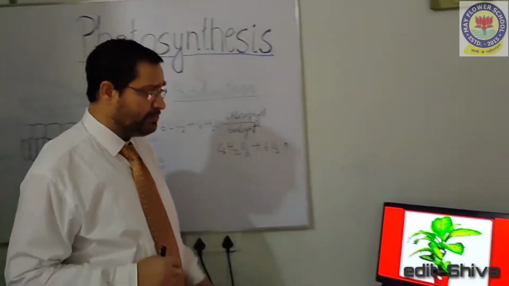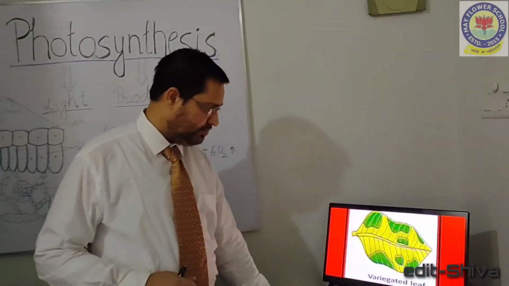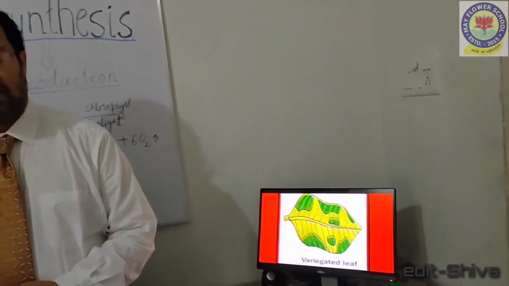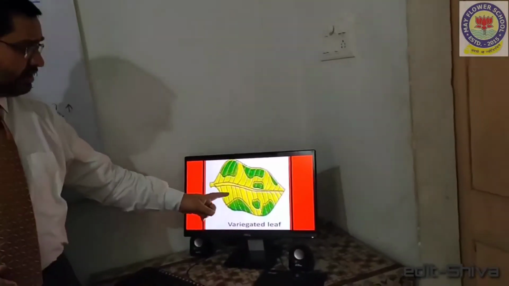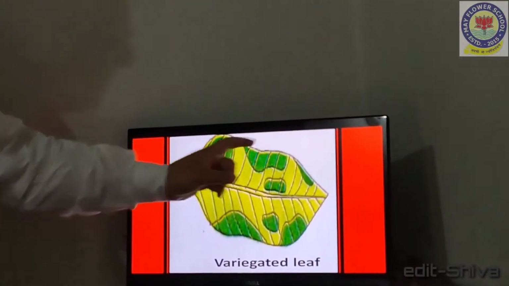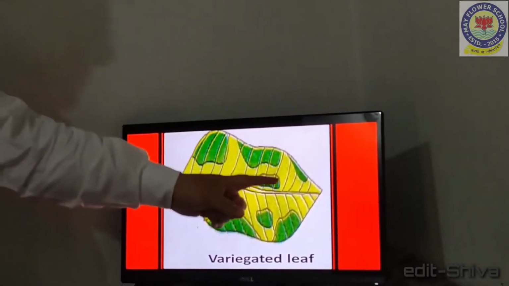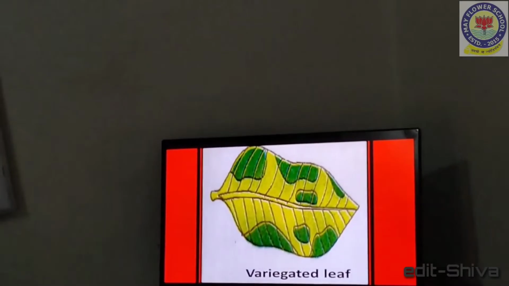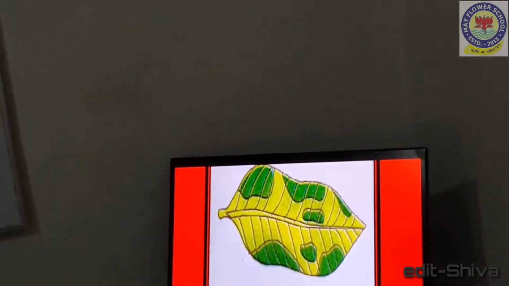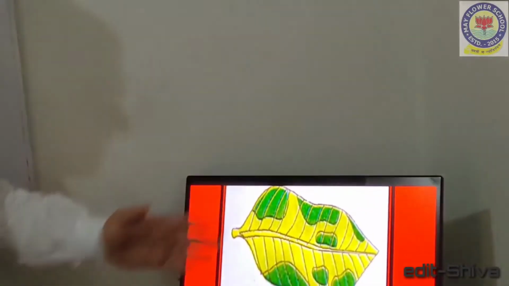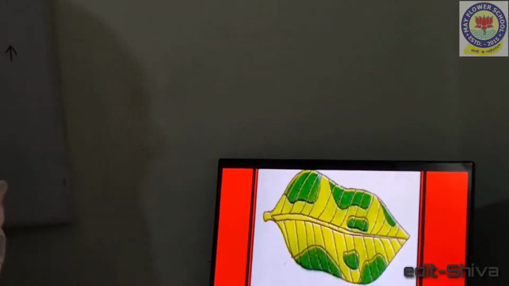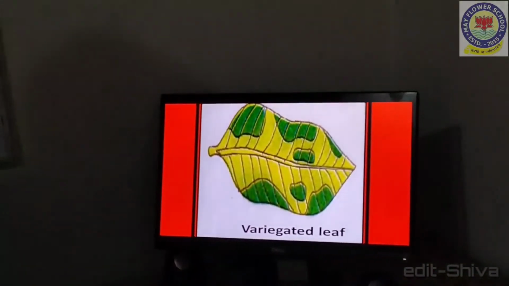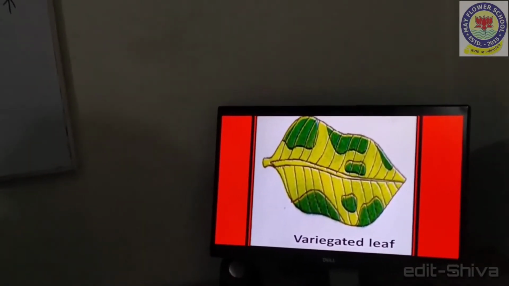After that, we pluck one of the leaves from that potted plant and we mark the green parts of the leaf and sketch it on a white sheet of paper. Then we wash this leaf with warm water in order to remove dust, dirt, etc. from the surface of the leaf.